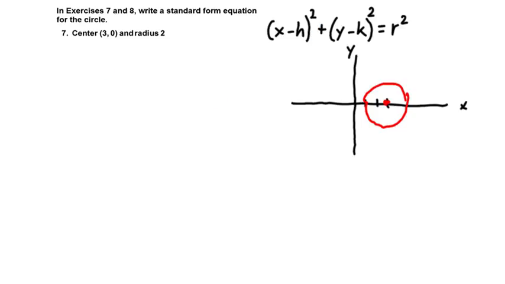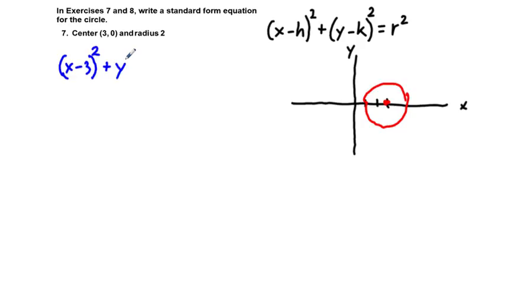And so our equation is going to be x minus 3, and that minus 3 shifts that circle to the right 3 units, squared, plus we have no y shift. The y value is 0.